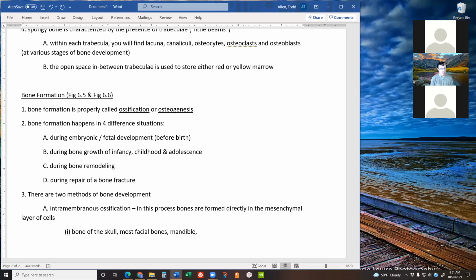Oddly enough, the medial part of the clavicle is formed through intramembranous ossification as well. So bones of the skull, most facial bones, the mandible, and the medial portion of your clavicle.